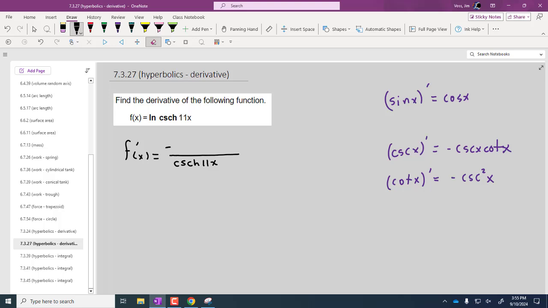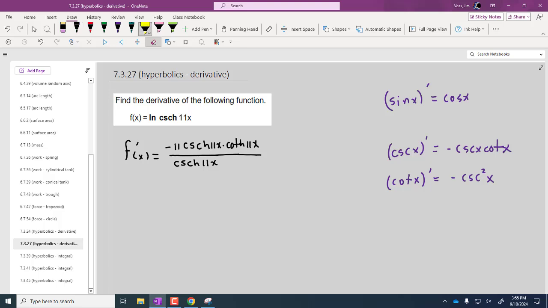So we're going to have a negative. We know that we're going to have a chain rule giving us an 11 out in front. And so we're going to get cosech cotanh, cosech times cotanh 11x. And then a cosech cancels.